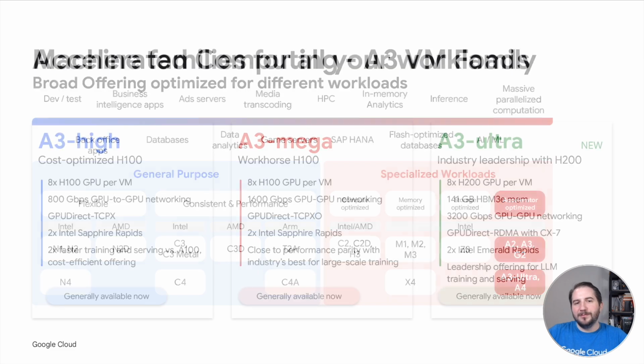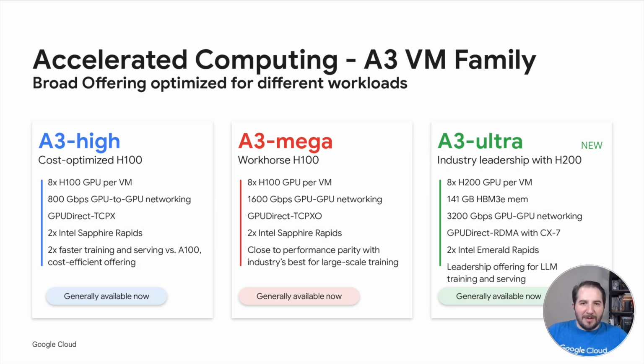These specialized workload VM types also benefit from a series of HPC optimizations and tunings that we'll discuss in the next section. Today we have the A3 VM family available on Google Cloud, including the H100 and H200 GPU platforms with up to 3.2 terabits per second of GPU-to-GPU networking and RDMA acceleration. Each A3 VM type is a unique shape that's optimal for different use cases.